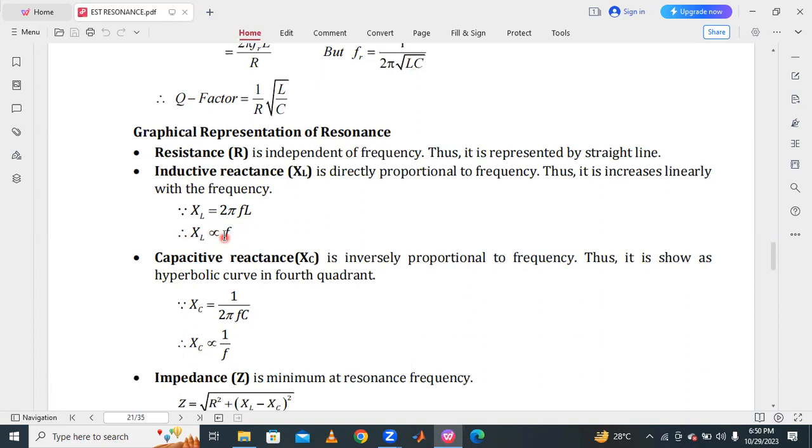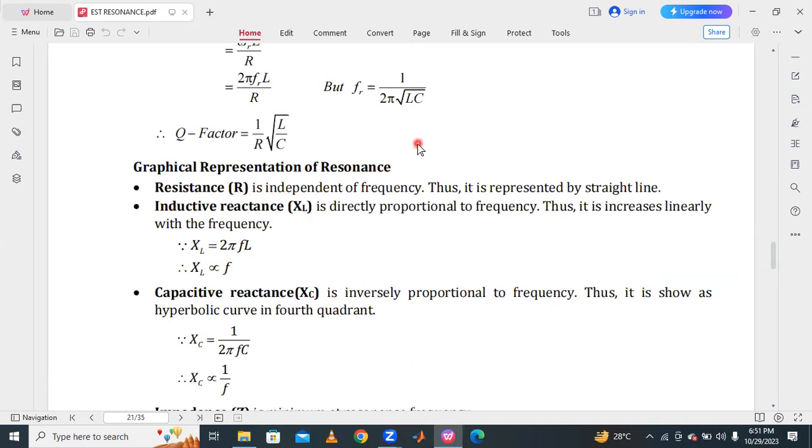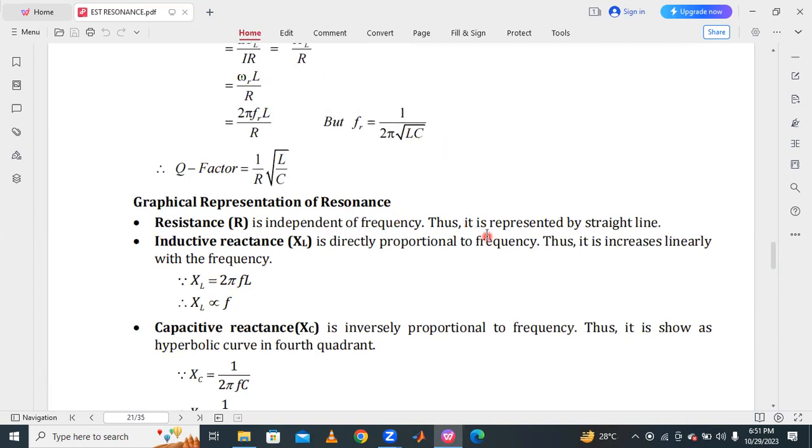Inductive reactance is proportional to frequency: as frequency increases, inductive reactance also increases. With proportionality, the graph is a linear straight line from the origin. Resistance is independent of frequency under resonance condition, so it is represented by a straight line.